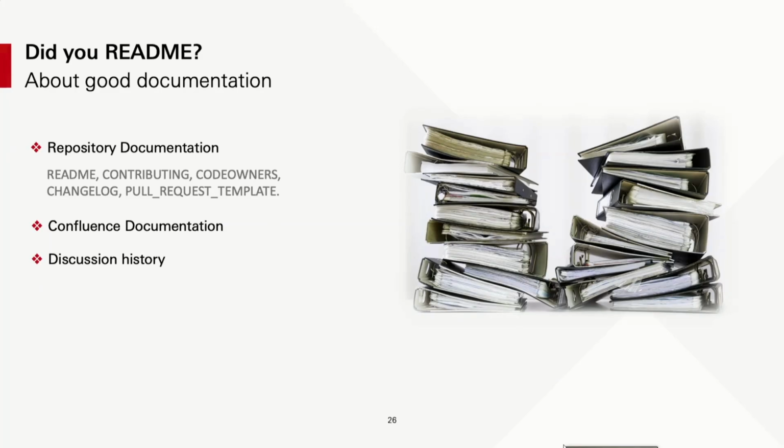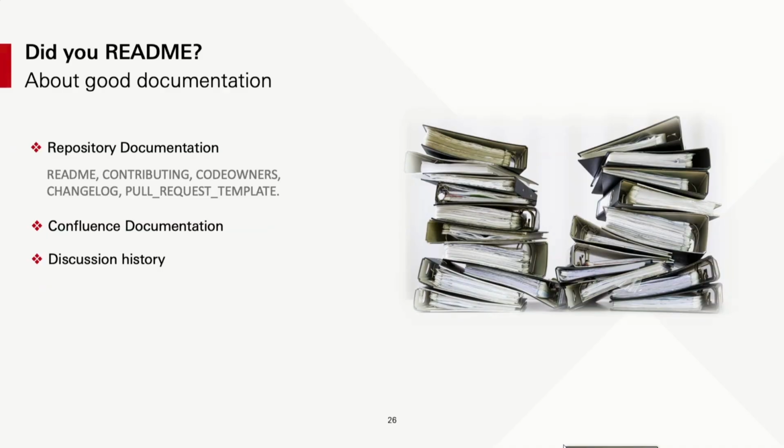Apart from the README file, you of course can have other useful files inside your repo. So what are these? Definitely think of having contributing agreements, which will be discussed in a minute. Another file is the changelog. Please make sure to keep it updated, and I guarantee you that it will be a blessing for your testers and release engineers. I would also strongly recommend using pull request templates.